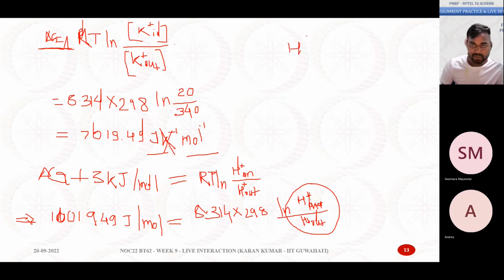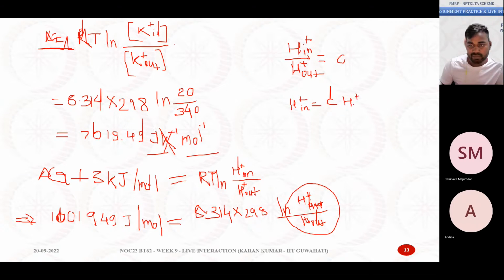I will tell you the steps to follow. You calculate H plus in by H plus out, and it gives you some value, C. Then you simplify: H plus in equals C times H plus out.